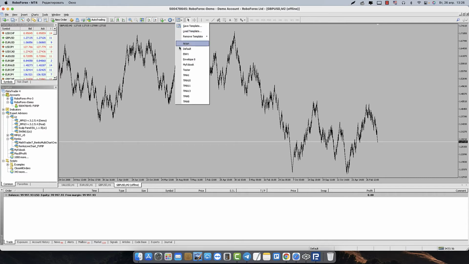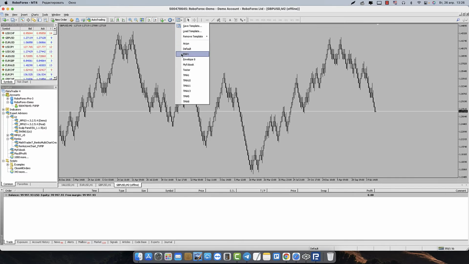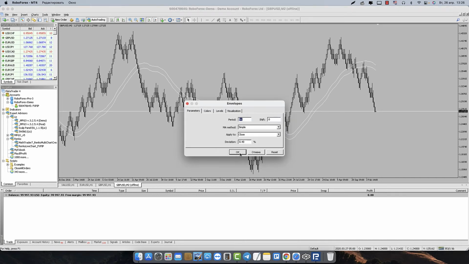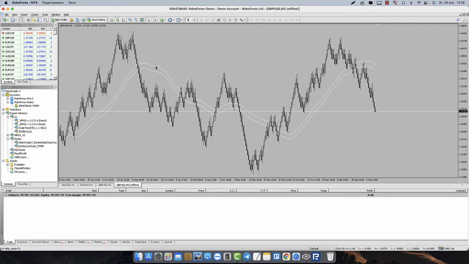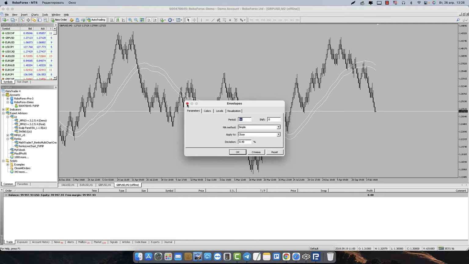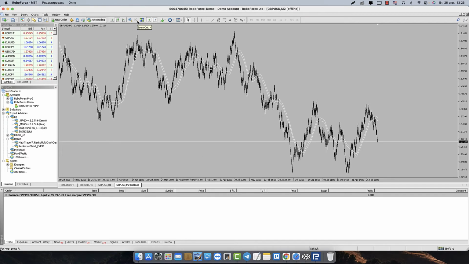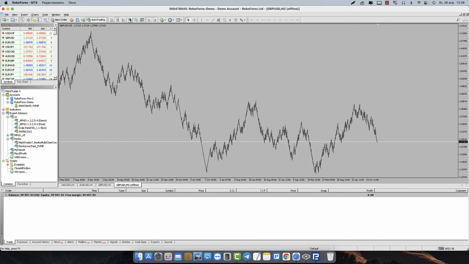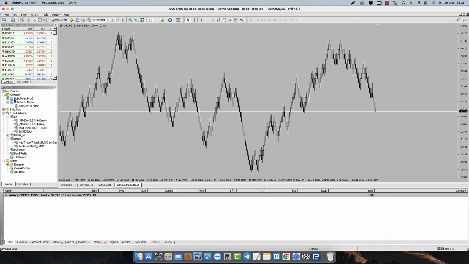So now we will attach also envelope 1, but for some reason it's not similar to H1. Indicators, envelope.